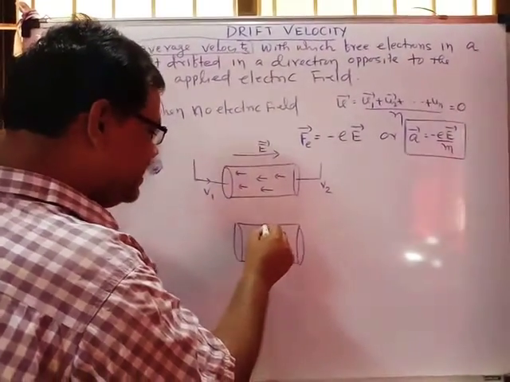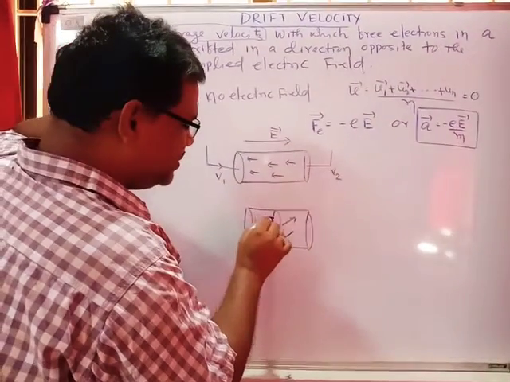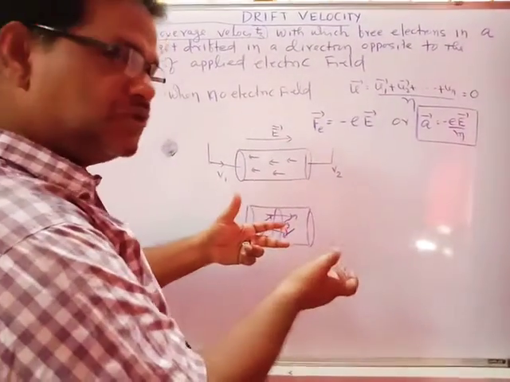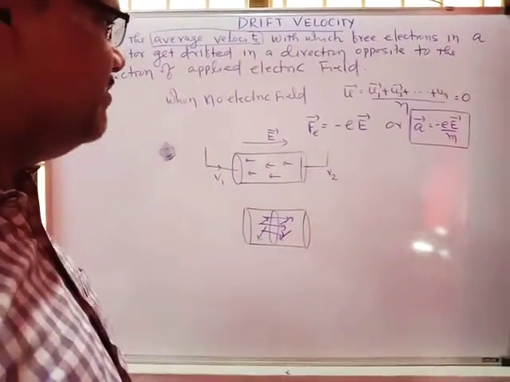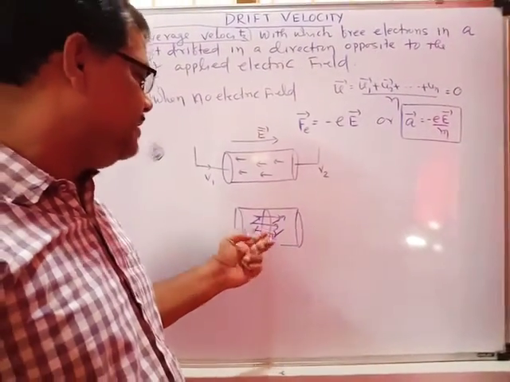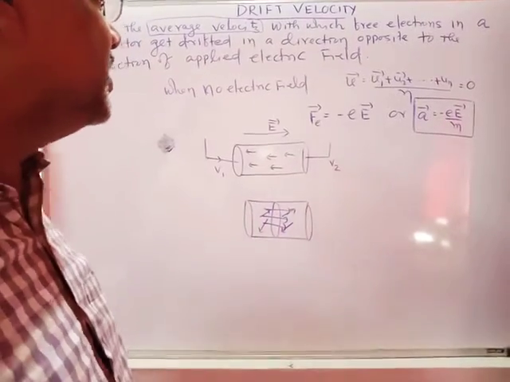So across any cross-sectional area you choose, the number of electrons crossing the cross-sectional area will be equal to the number of electrons returning back, as they are moving randomly. So no net charge will be transferred there. No current will be produced through the conductor.